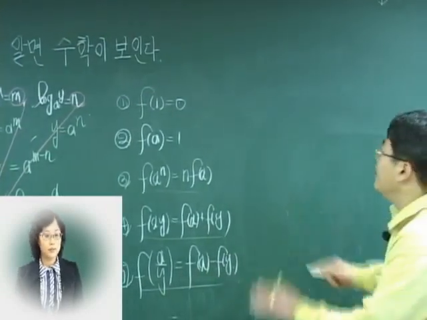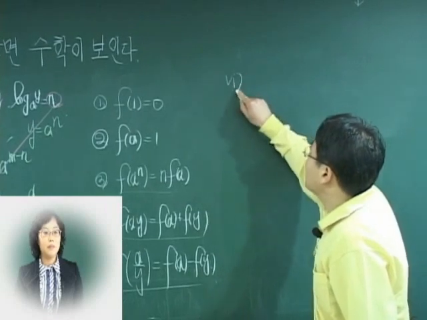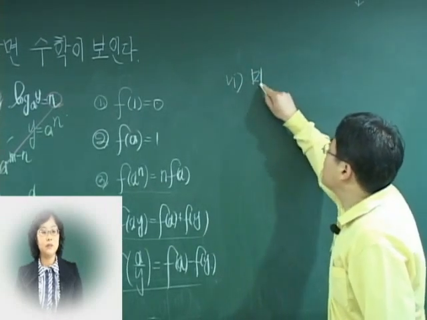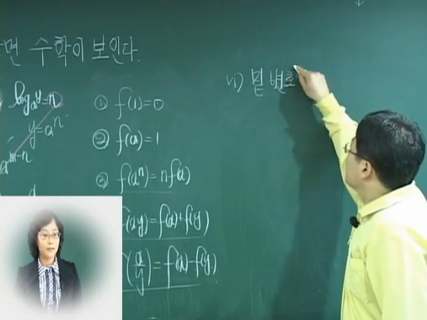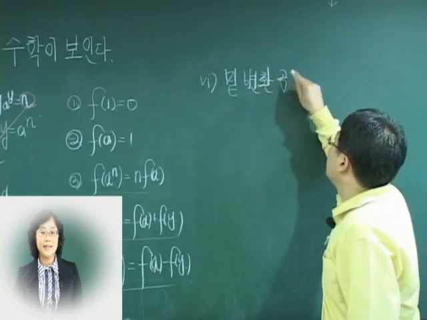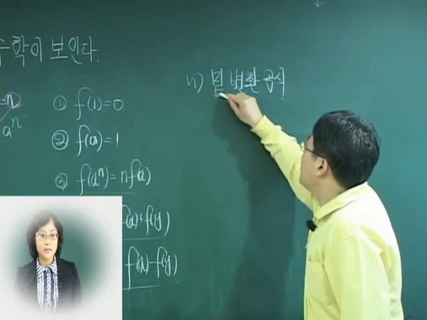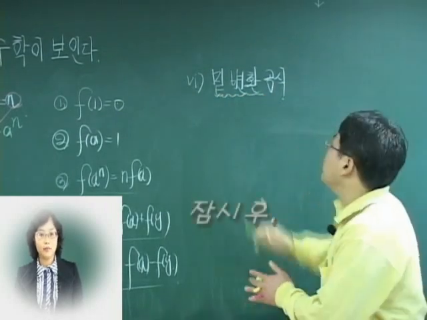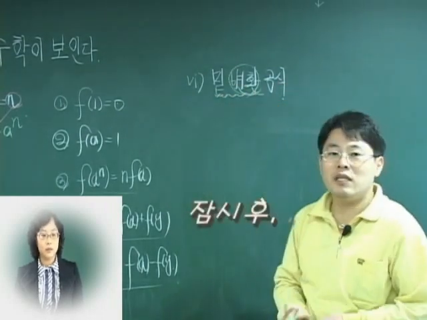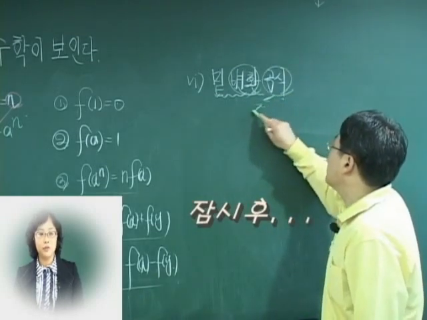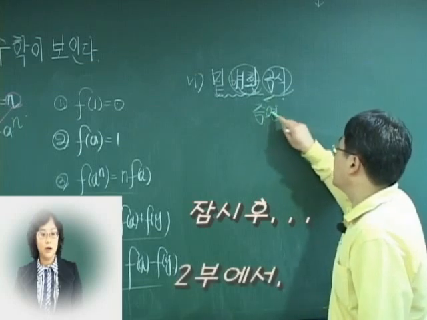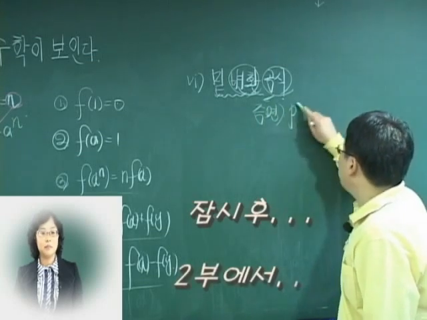The sixth one, the base transformation formula. Base, what do we do with the base? Transform. The formula, what do we do with the formula? We have to prove. Okay, let's write proof as PF.